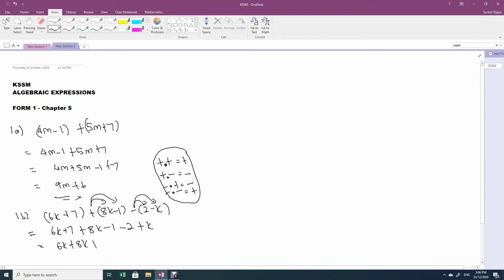So this will be 6k plus 8k plus k, and we will have plus 7 minus 1 minus 2. After we order the variable terms on the left hand side, it will be 14 plus 1 will be 15k.